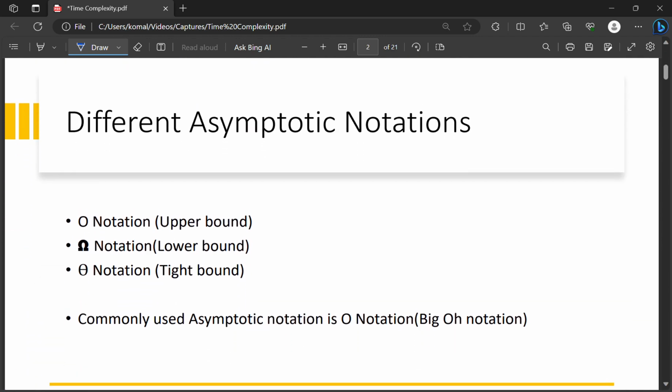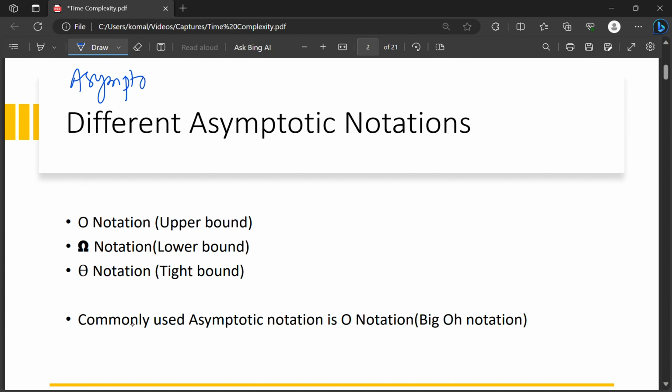Next, let us focus on asymptotic notations that are used to describe time complexity. In mathematics, asymptotic analysis is used to describe the nature of a limiting function.